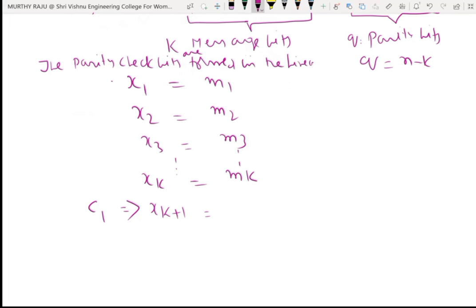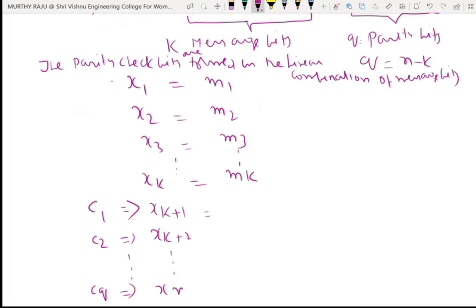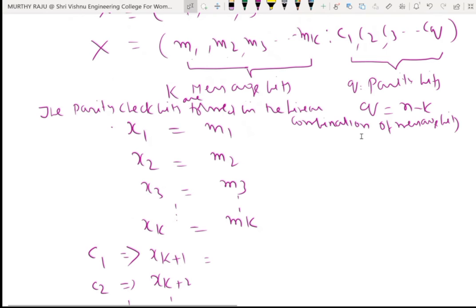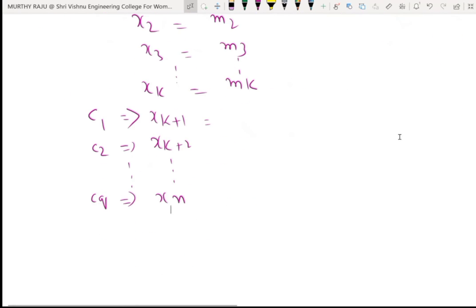C1, C2 and so on up to Cq are the parity bits, which are x(k+1), x(k+2), and so on up to xn.